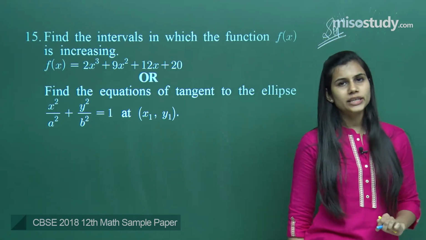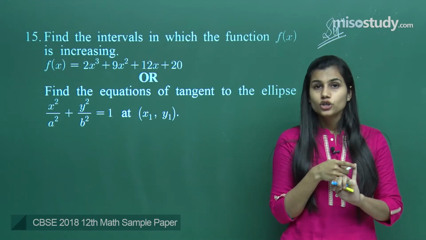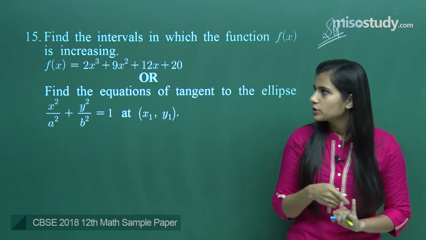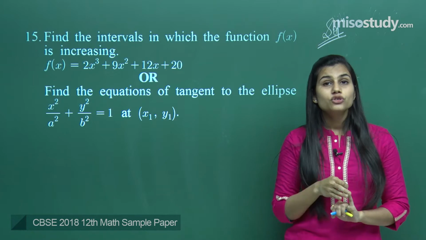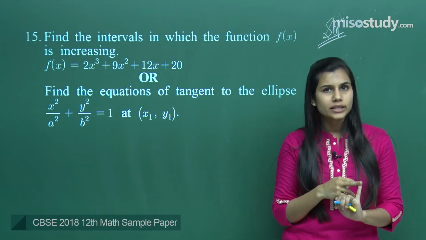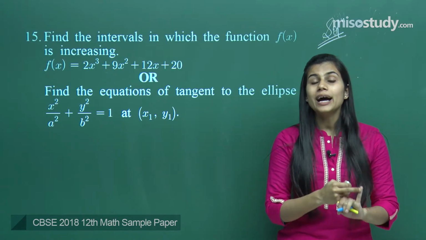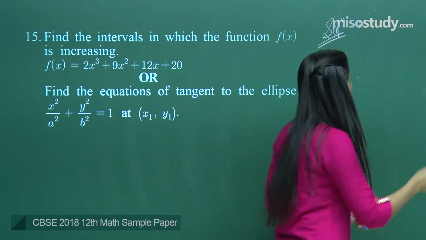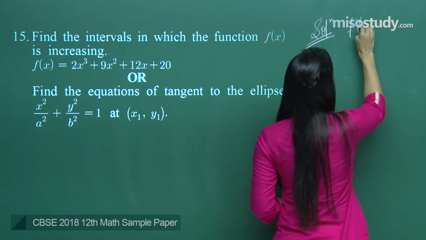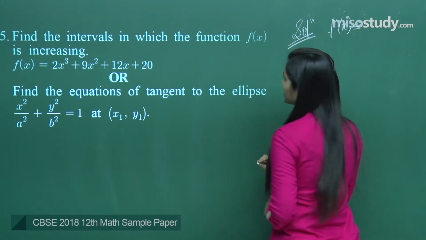The first thing you need is to obtain your fx. So fx is given to you. So you should know which function you are testing for increasing or decreasing. The next thing that you have to understand is to find f dash x. So let's find f dash x corresponding to the fx given to you.